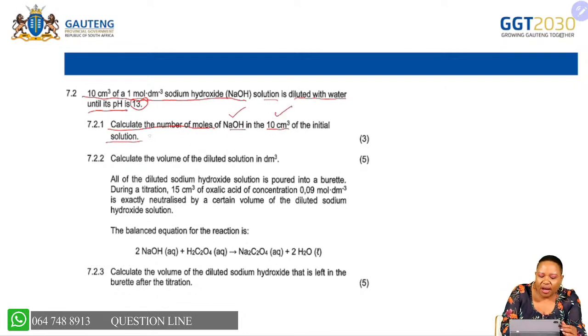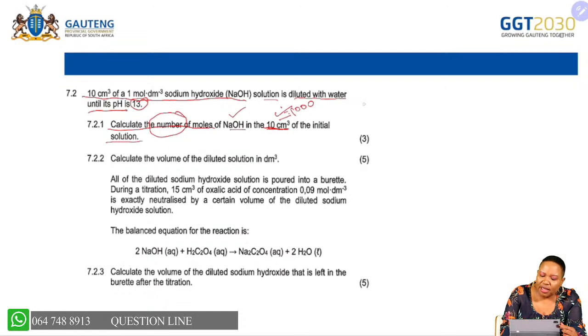You must always make sure that if we are given cubic centimeters, we divide by 1,000 to find cubic decimeters, because the unit of concentration is mole per cubic decimeter.